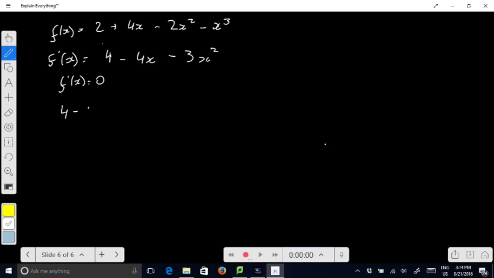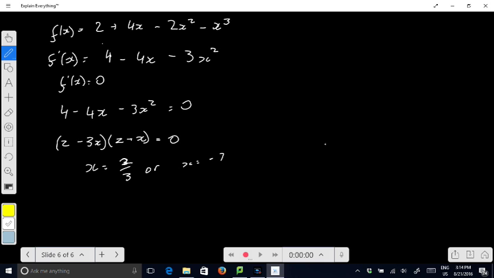So I say 4 - 4x - 3x² is equal to 0. If I solve that, I've got a quadratic here, factorize that. So either x equals 2/3, or x equals -2.